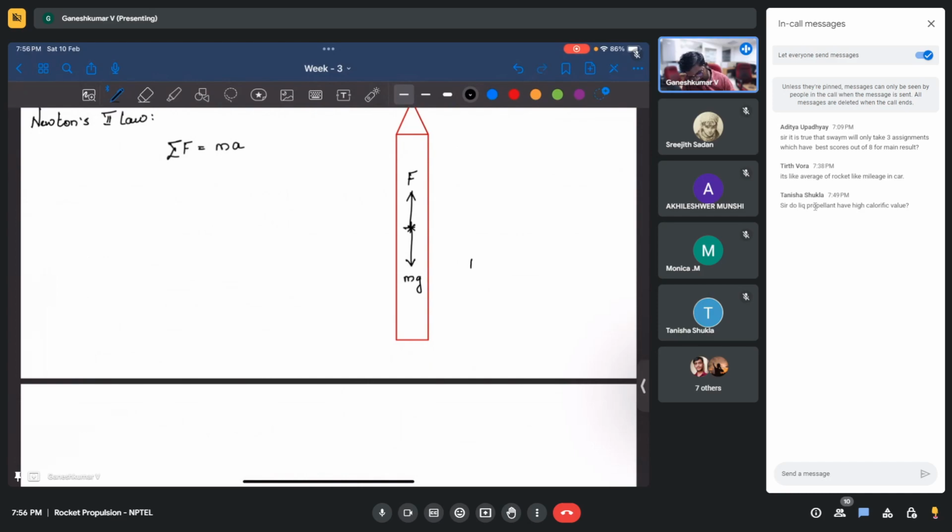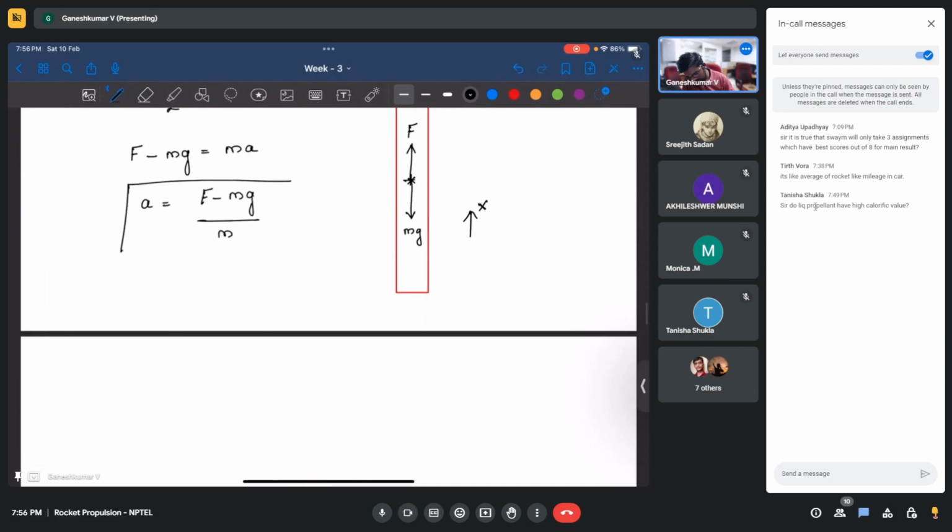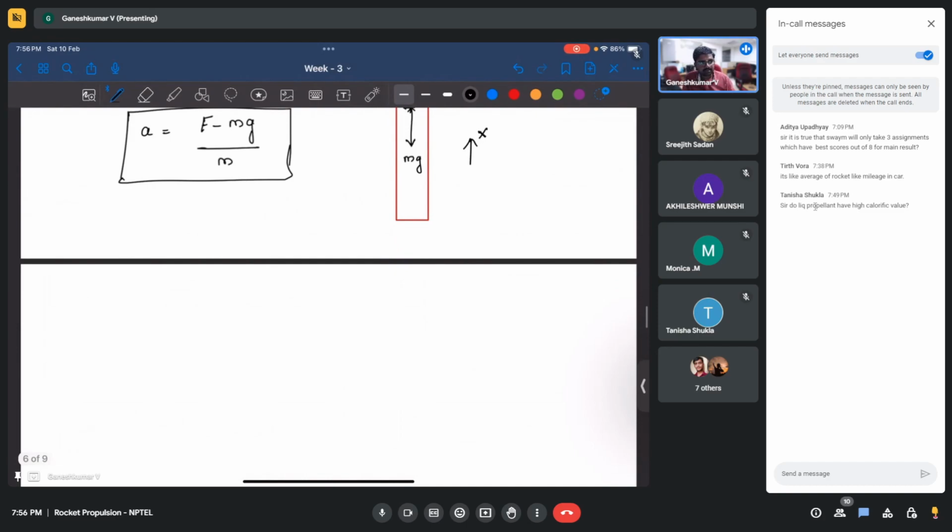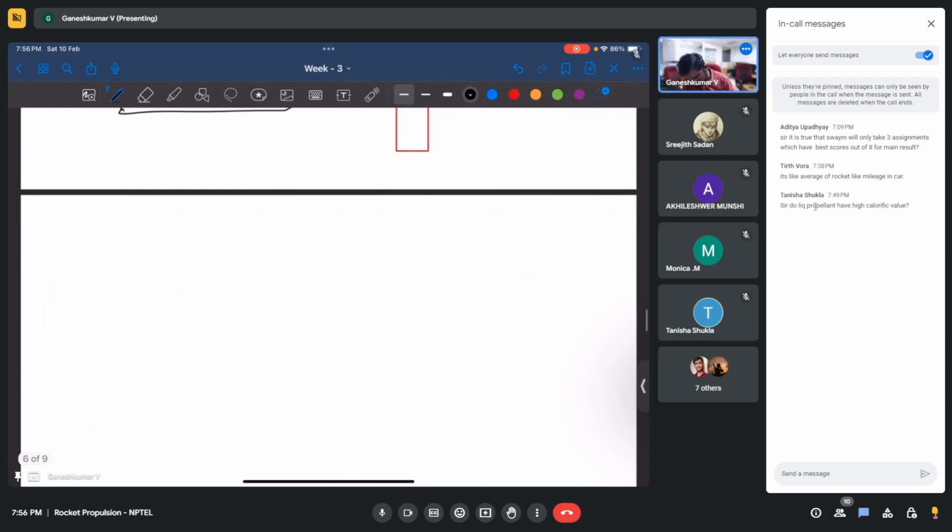Let's say if you consider upward as positive, you can write F minus mg is equal to ma. We need to find acceleration, so this can be written as a equals (F minus mg) by m. Now the important thing is what is this m, and how we are going to calculate it.